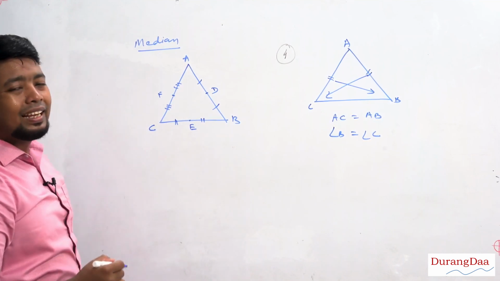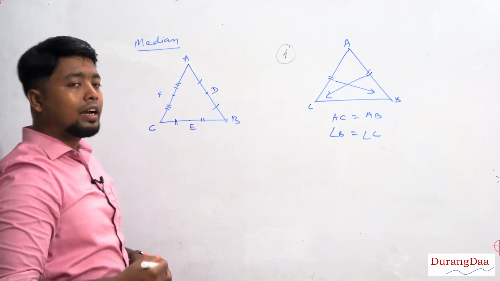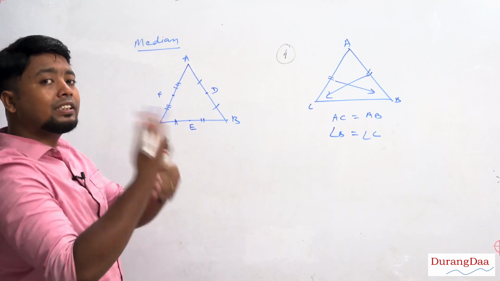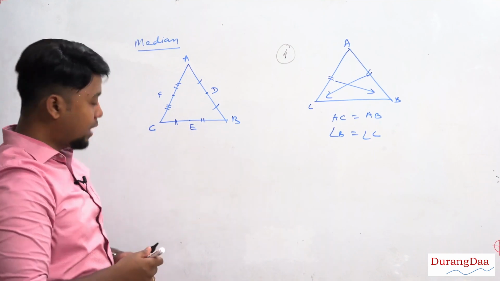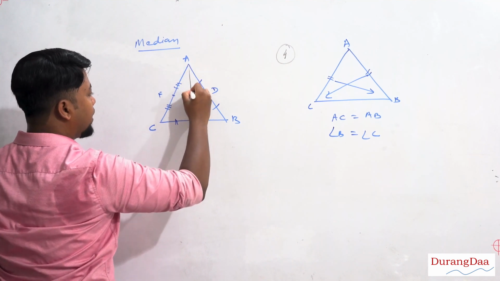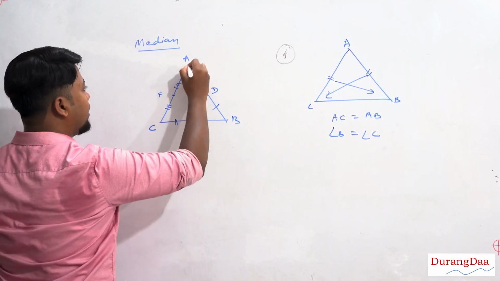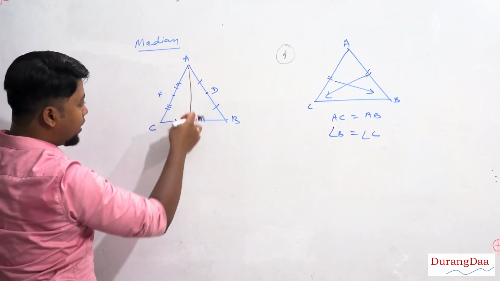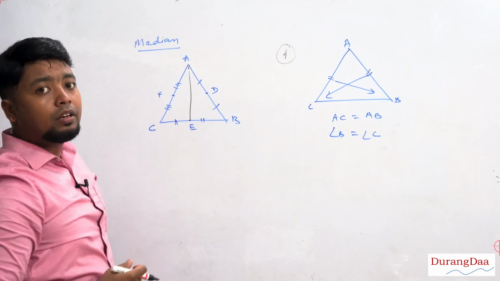Now, median is a straight line connecting the vertex and the midpoint of the side opposite to the vertex. That means, if I draw a straight line here, this is a vertex, and I draw a straight line connecting the midpoint to the side opposite to the vertex, then this straight line we call the median of the triangle.